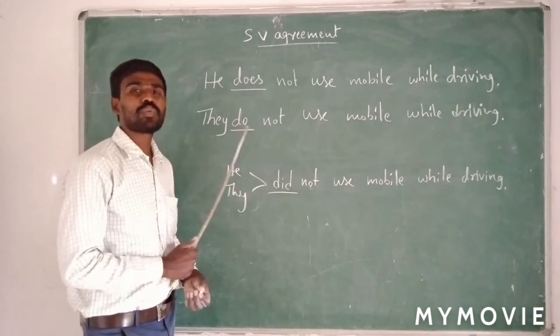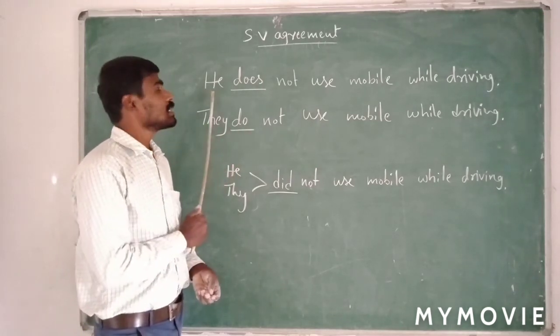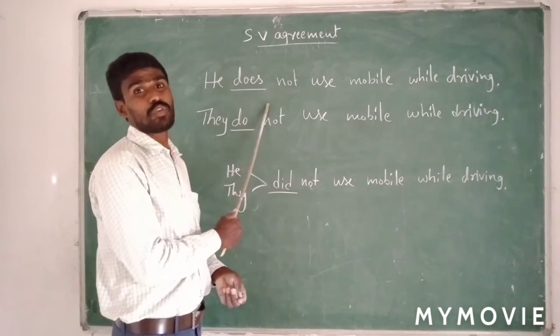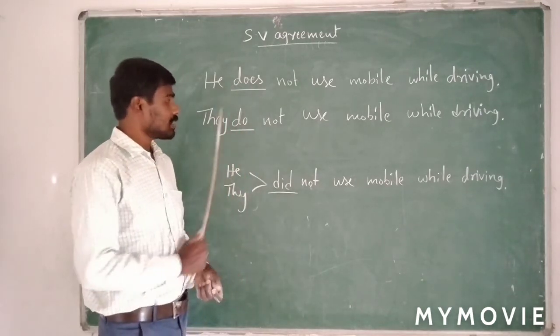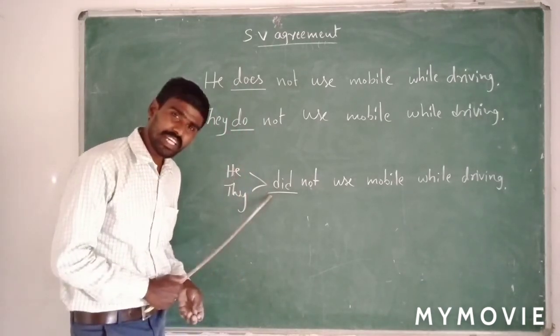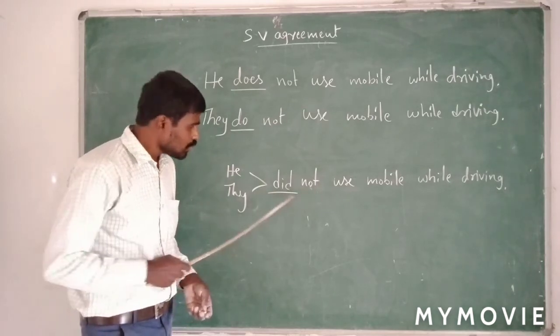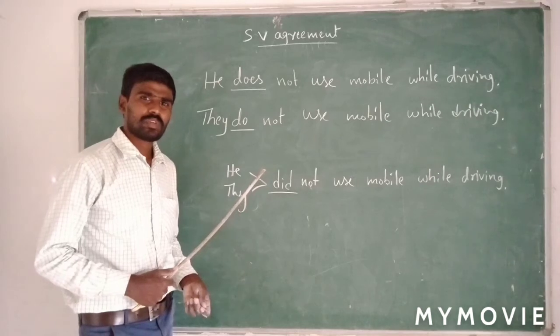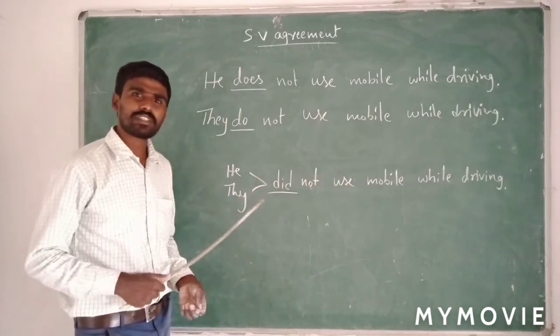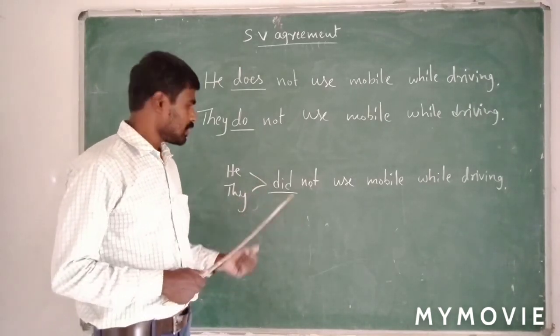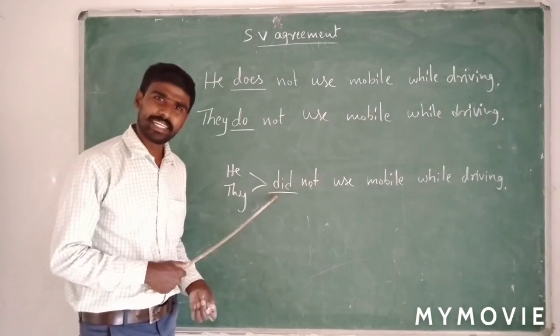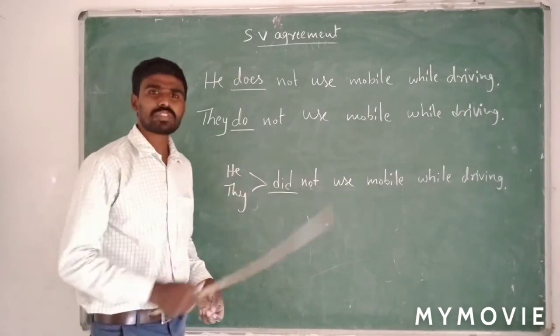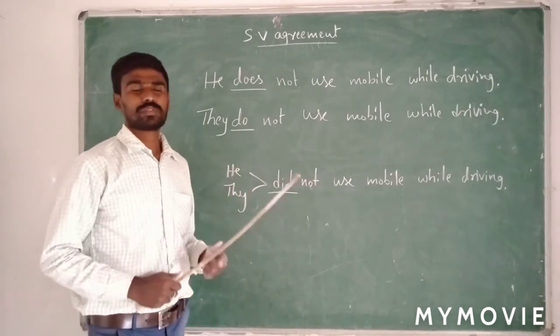Plural subject takes plural verb, singular subject takes singular verb. He does, they do. But in past tense we use did, even if it is singular or plural. In both situations we use same verb did. He did not use, they did not use.